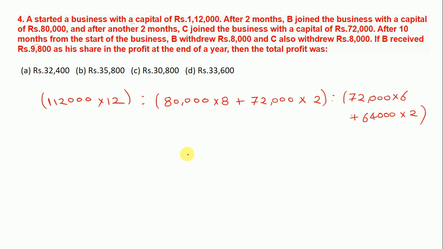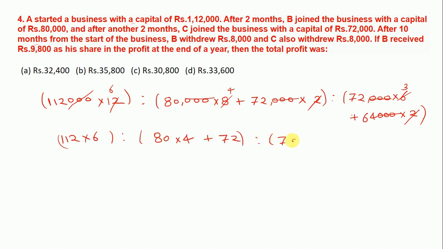So we can divide throughout the equation by 2. 2, it will be 3, 2, it will be 4, and it will be 6. We can also cancel these 3 zeros and these 3 zeros, or we can say that we are dividing throughout by 1000. Now 112 into 6, 80 into 4 plus 72 into 3 plus 64.